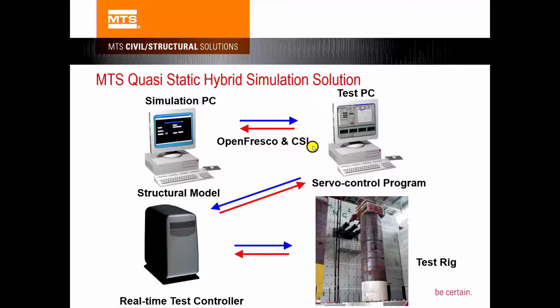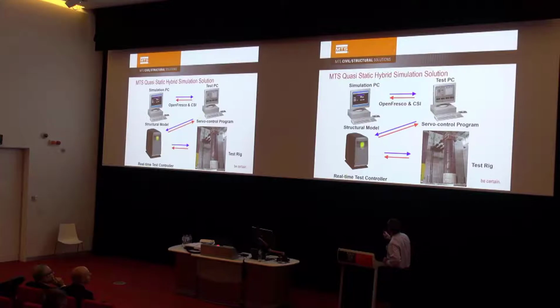That software gets the command from OpenFresco and maps it to the controller software. Then the controller software sends the command to the controller, which moves the actuator, and the feedback goes back the same way. So this is our slow hybrid simulation solution. The key part is the interfacing software, OpenFresco and CSI. OpenFresco, like I said, is UC Berkeley software, and CSI is MTS software.